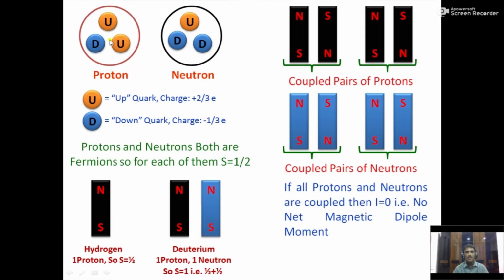The neutron has subatomic particles called up quark and down quark, which have charge, and because of the charge of these quark particles, the neutron also contributes to the net magnetic dipole moment, though it is overall a neutral, chargeless species.